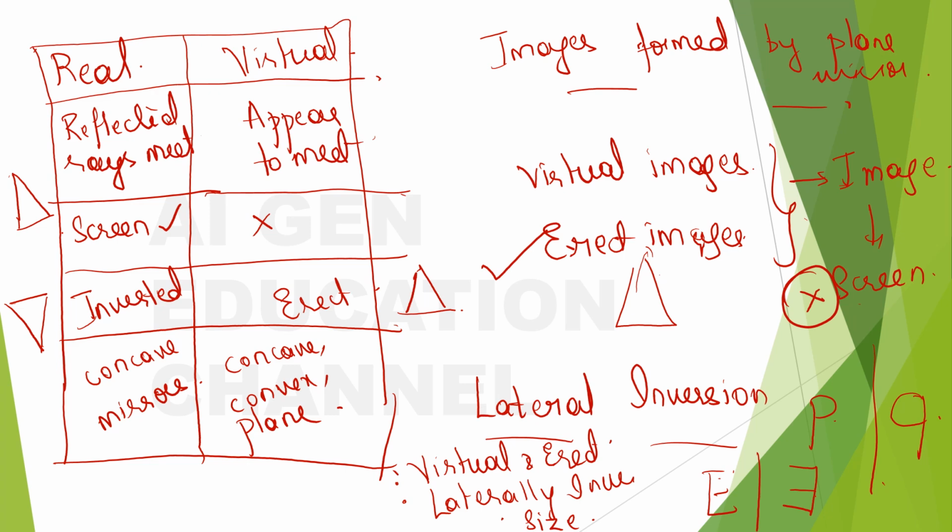No, based upon the distance, I'll let you know. There are some other concepts wherein in some cases you can get a virtual image even in concave mirrors. But one thing for sure is that in a plane mirror you can always see a virtual image, right? Because a real image can be seen only in concave mirrors. So everything is clear, I think, right?